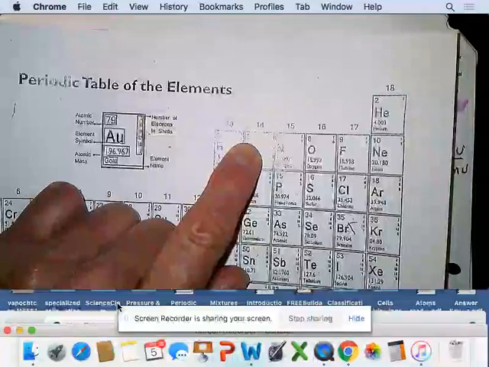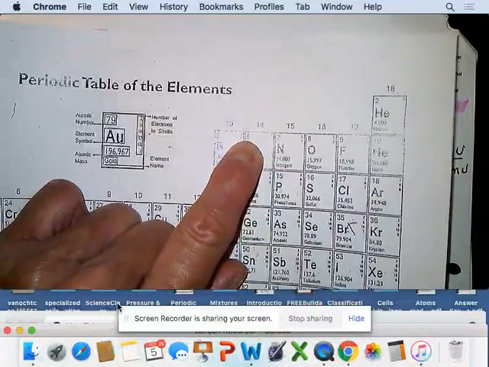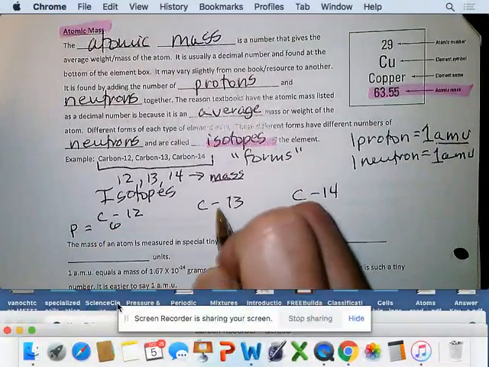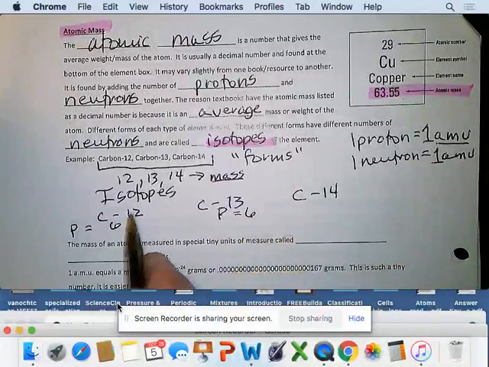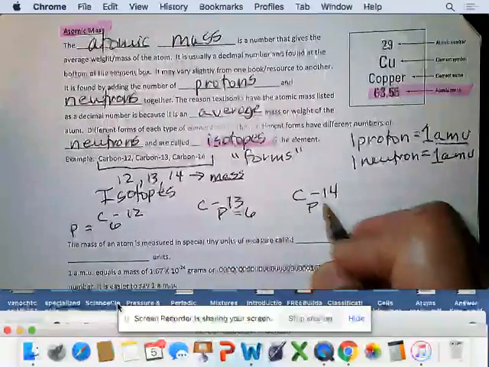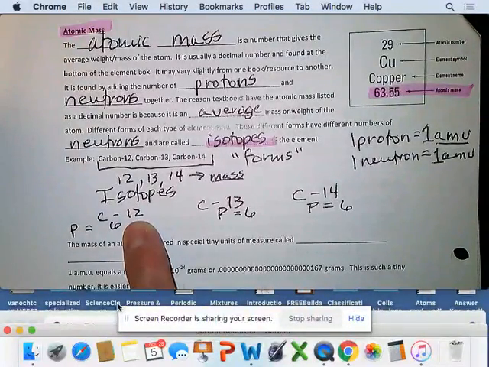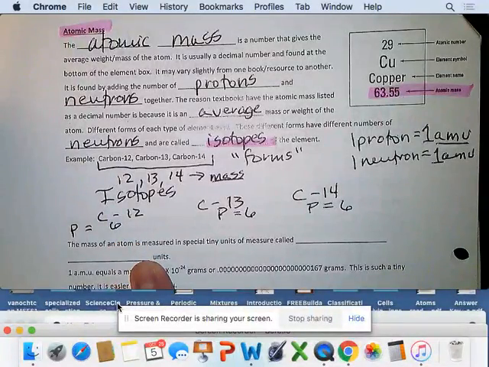It has 6 protons. That's what our periodic table tells us. So it's going to have 6 no matter what. Doesn't matter if I'm carbon 12, carbon 13, or carbon 14. The number of protons can never change. When you add the protons and neutrons together, that gives you how much it weighs. So if it weighs 12 and we have 6 protons, how many neutrons would we have, Lakin?